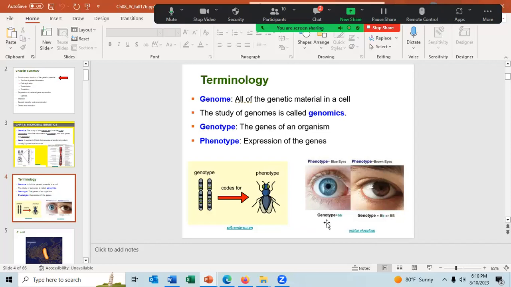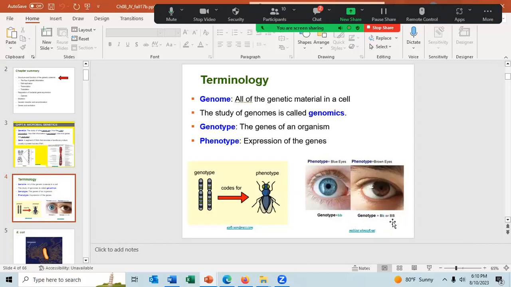A brown-eyed individual has 2 genes, but they may be lowercase b, uppercase B, or uppercase B, uppercase B. The uppercase B allele stands for brown, and it dominates.